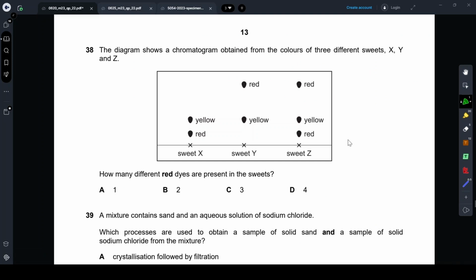Chromatography. The diagram shows a chromatogram obtained from the colors of 3 different sweets X, Y, and Z. How many different red dyes are present in this?